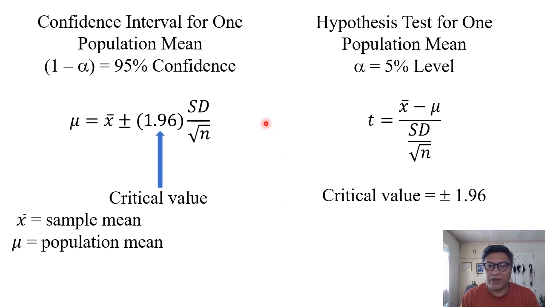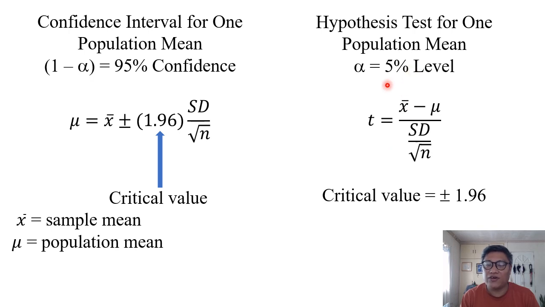If you compare the formula for the confidence interval for one population mean with 95% confidence, to find the confidence interval of a population parameter based on a sample mean, we have the sample mean plus and minus the margin of error, with the critical value of 1.96 because we want 95% confidence, multiplied by the standard error of the mean, which is the standard deviation divided by the square root of n.